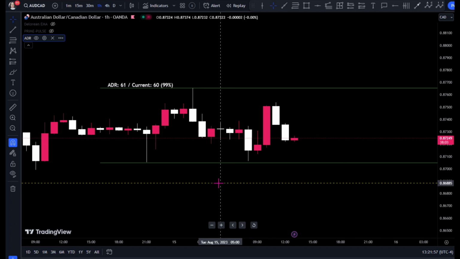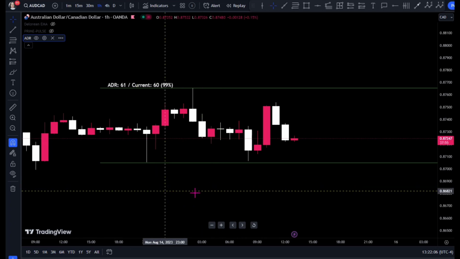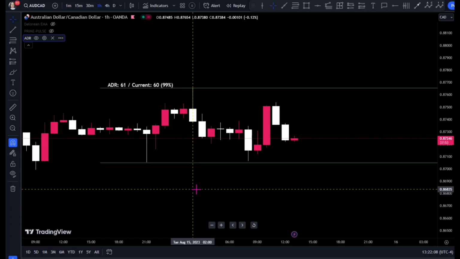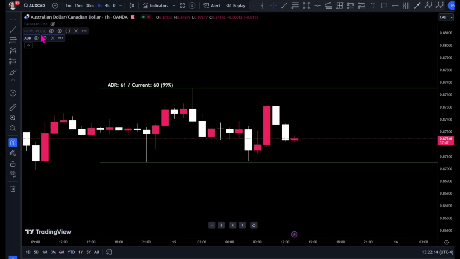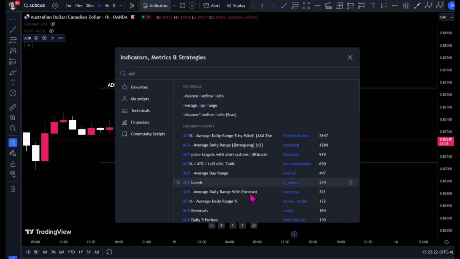I just showed you step by step, just 5 simple steps of how you can go in and pull this information out to see for yourself. But if you want the shortcut, because I know some of you do, and I don't blame you for it, I've given you a tool that you can use also. So you go to indicators at the top, just type in ADR and go down to the one that says average daily range with forecast.